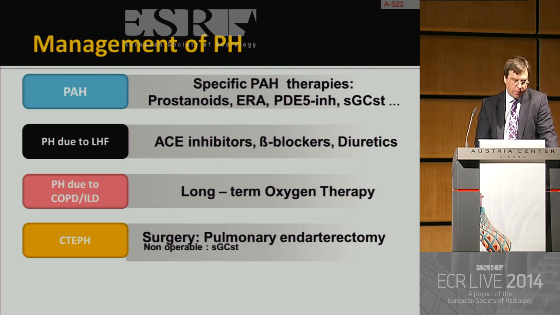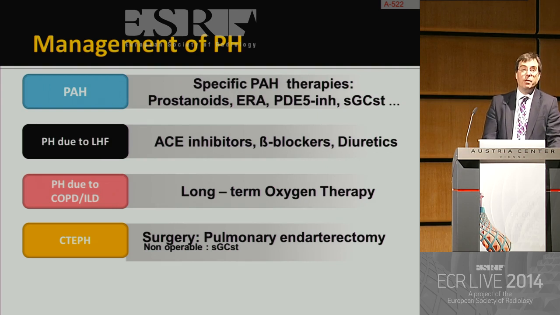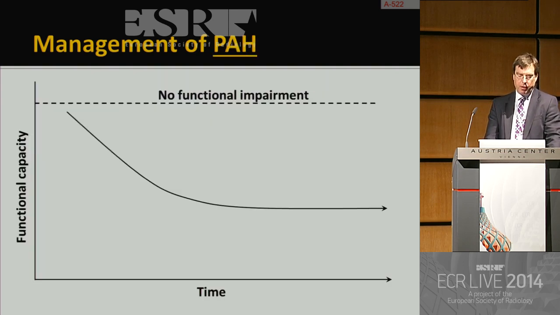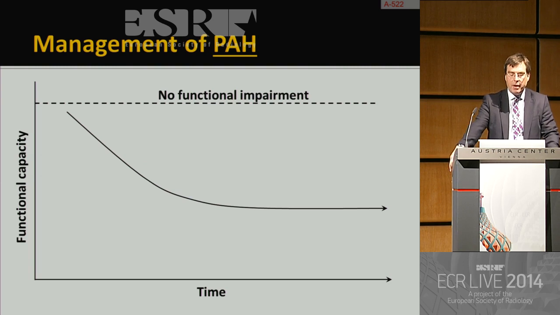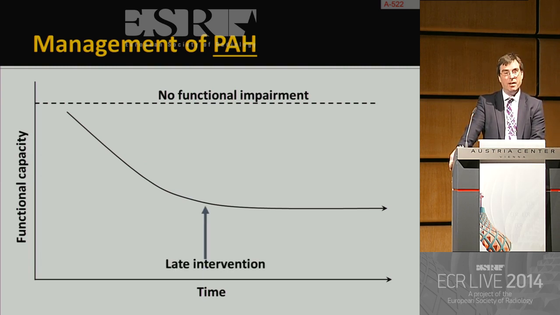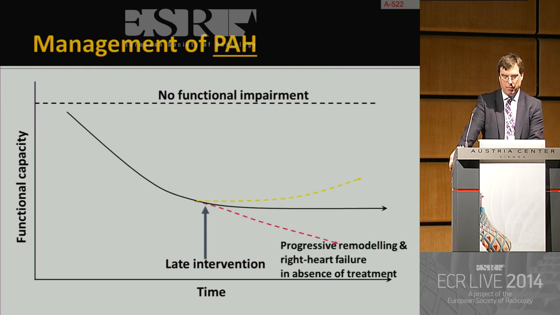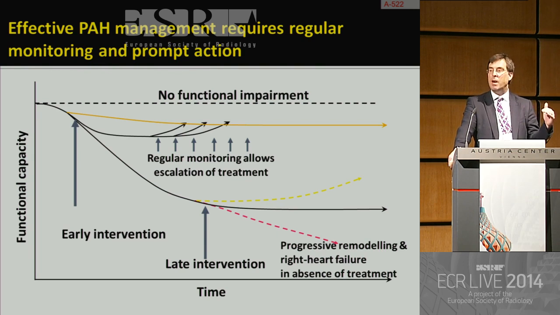And finally, we've mentioned chronic thromboembolic disease and the potential for surgery and in some cases medical treatment. When should we treat? The answer is ideally not late in the disease process where the impact of treatment may be very limited. We want to be treating early in the disease process, to try and reverse the vascular remodeling process.